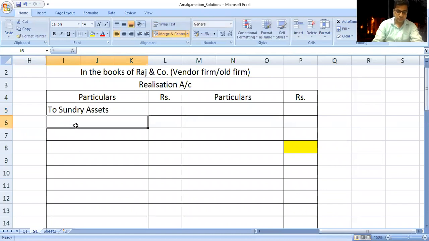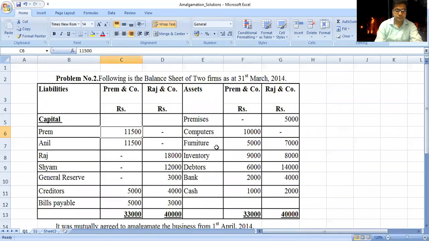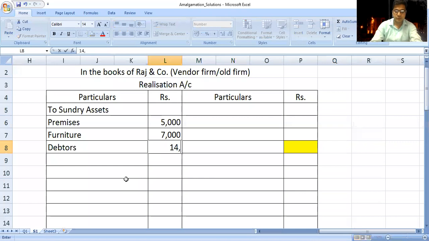It includes premises, value of premises, book value we have to consider 5,000, furniture value rupees 7,000. After that, next was debtors. Debtors value they are provided, 14,000. So we have to write 14,000.